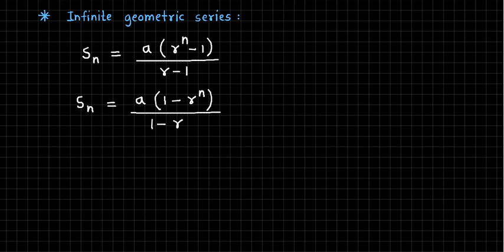Now what happens is, suppose the common ratio r is numerically less than 1. Okay, so we are considering only a specific condition when the common ratio is less than 1 numerically. So in that case, observe the particular term in the formula, that is r raised to n.